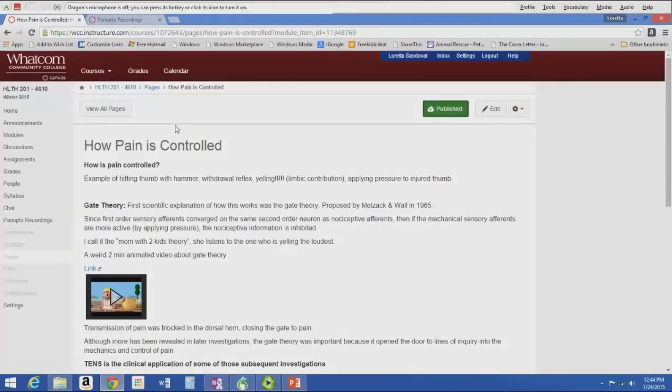So the first scientific explanation of how this works was the gate theory, and it was proposed by these two guys. I don't know, one of them might be a woman, I would hope so, but anyway, Melzack and Wall in 1965. So the idea was that first order sensory afferents, that's the first neuron in the 3-neuron chain, are converging on the same second order neuron as the nociceptive afferents.